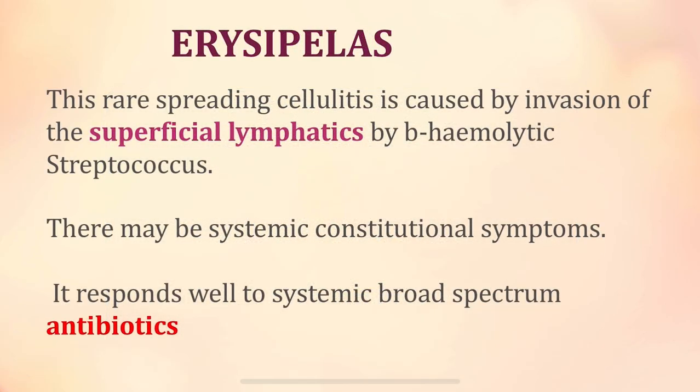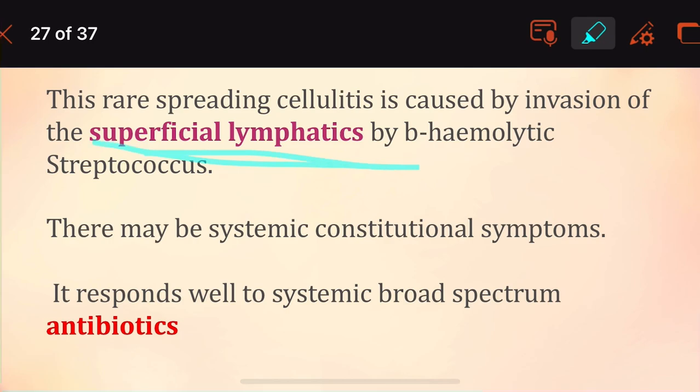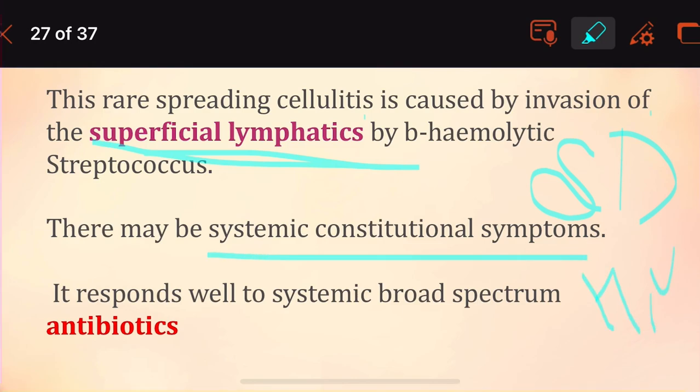Then we have the next thing, erysipelas. Erysipelas is a spreading cellulitis. It is caused by the invasion of the superficial lymphatics by beta hemolytic Streptococcus. It involves the superficial lymphatics and the superficial dermis. Then there will be systemic constitutional symptoms like headache, vomiting, fever, and all those.